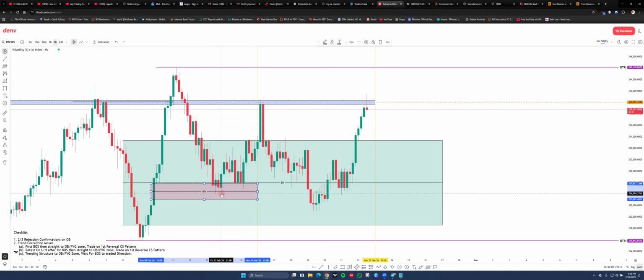So we're looking at what happened last week and what would have made us trade this pair last week. Okay. So we had that fair value gap there. Remember, our 4 hours order block is somewhere here. Yeah, 4 hours order block is somewhere here.